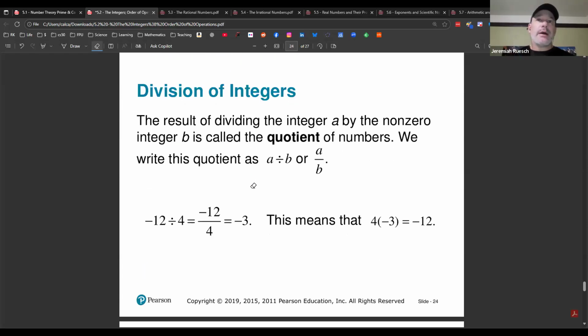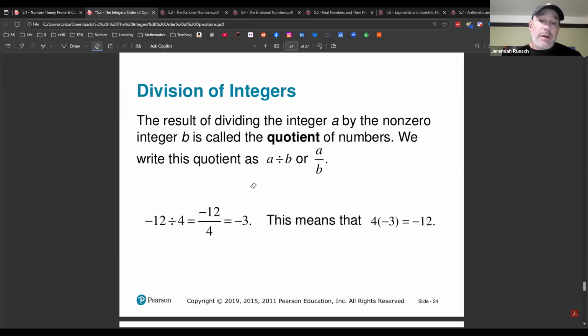And now we get into one of the most misunderstood operations, which is division. Division is the result of looking at how many times, or the way that it made sense to me was thinking of equal groups of. So if you compare 2 numbers, A and B, what you're looking for is how many equal groups of size B fit into a group of size A. Or another way of thinking about it is, how do A and B relate?